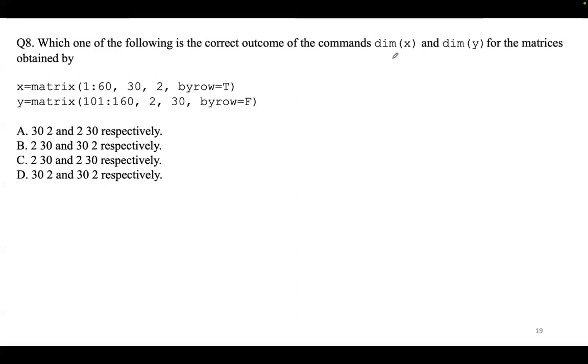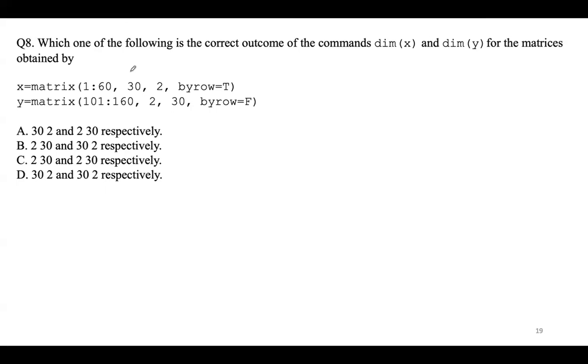I think this is the last question. If you write dimensions of X and dimension of Y for the matrices X and Y, what output do you get? So, yeah. Okay. E. A, yes.